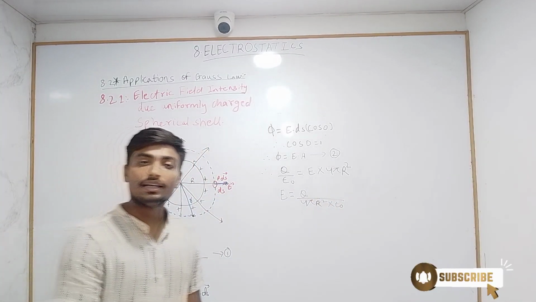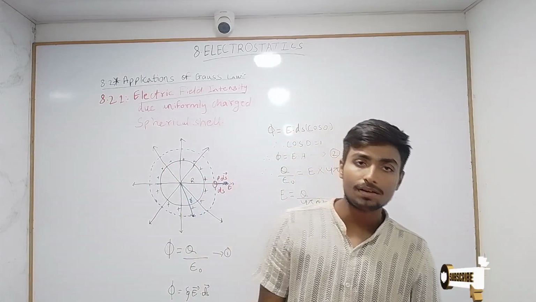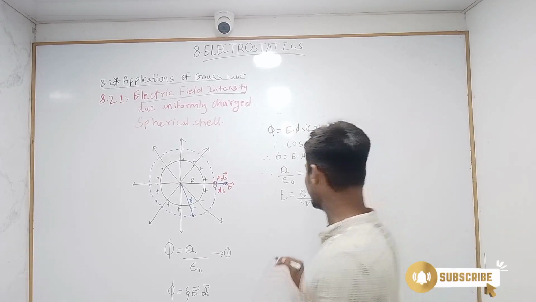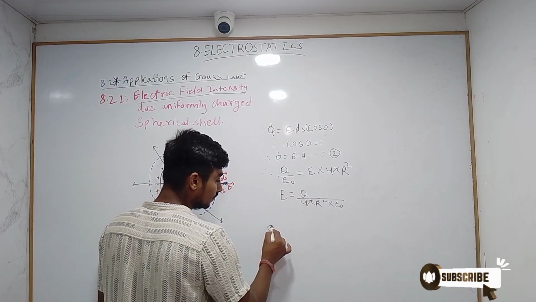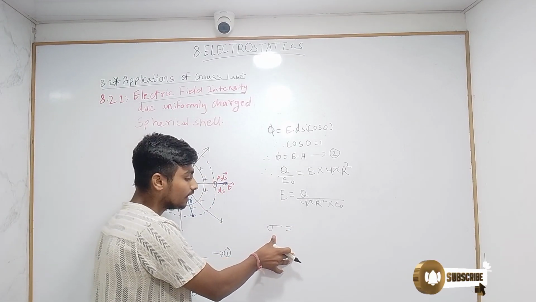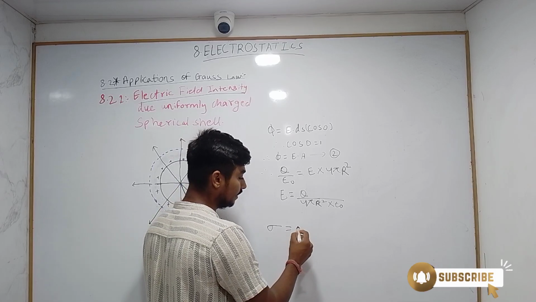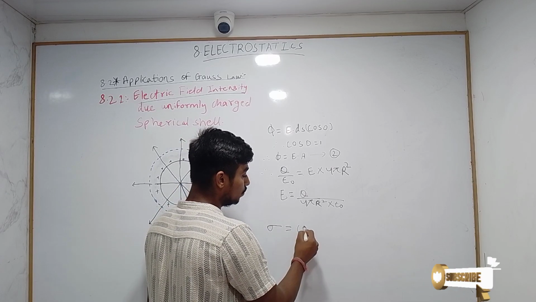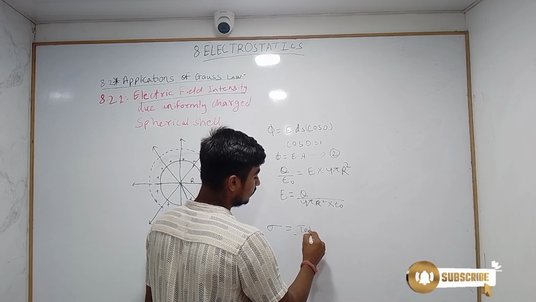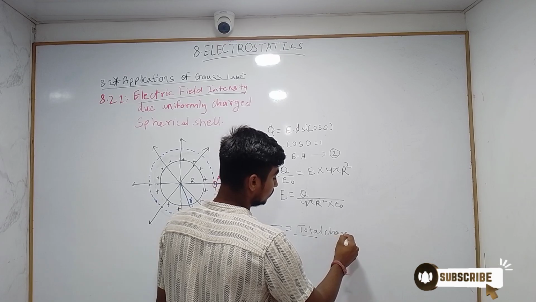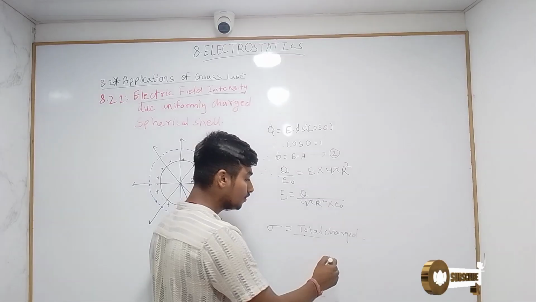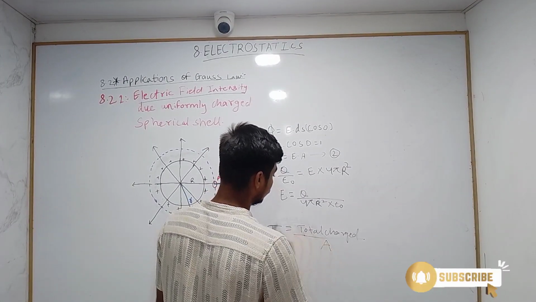We studied what is surface charge density in our previous lecture. Here we are using sigma to denote surface charge density. So surface charge density is Q, that is total charge enclosed, upon the area of the surface that is enclosing.